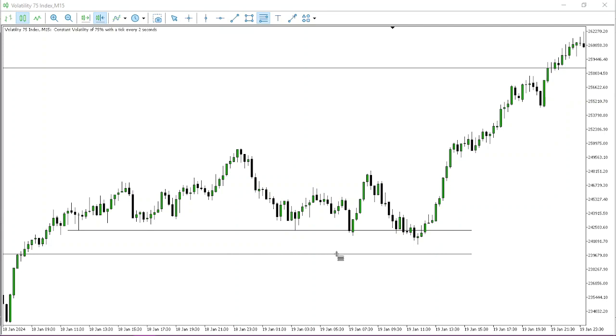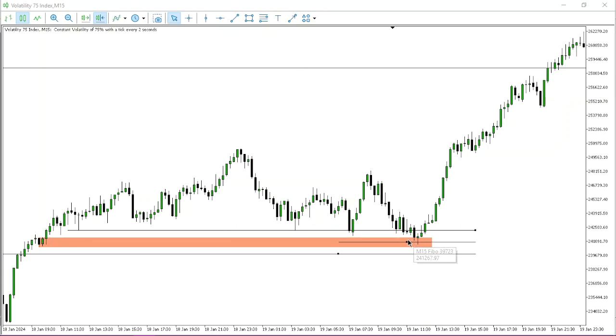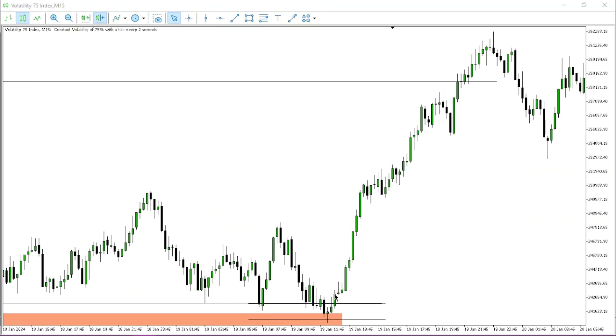I have established that price did tap into the consequent encroachment of that 4-hour fair value gap, and inside of that we have this 15-minute order block. So price buys from there to the draw on liquidity, which is the high.